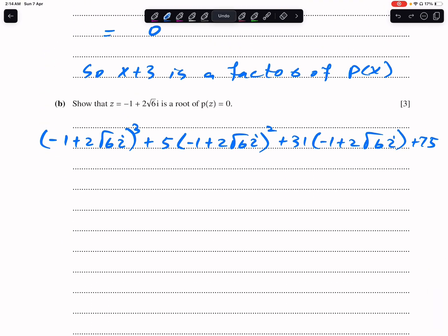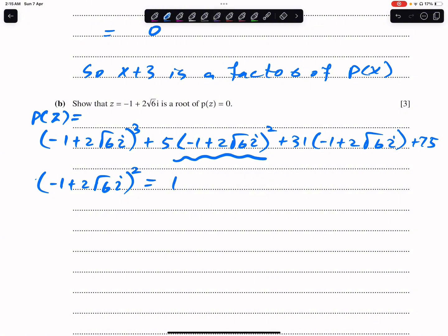Student, let's calculate the square first. I'm writing p of z here. Okay, this is the answer of p of z. So let's calculate square. So minus 1 square is 1, a square plus b square plus 2ab.